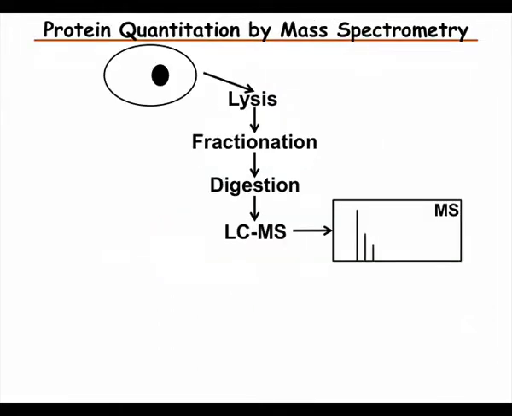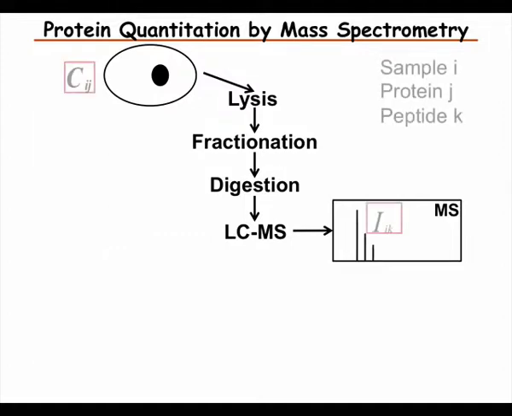So in general, you have this experimental workflow. What you're interested in is the concentration of one protein in the sample, or many proteins. But what you measure is the intensity of a peptide.